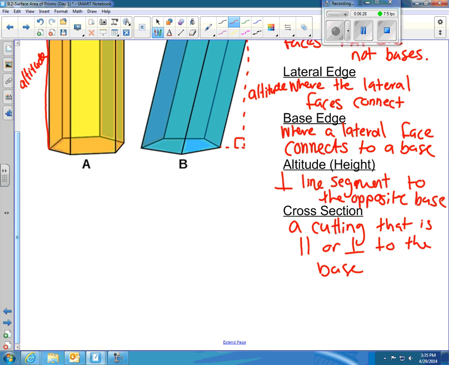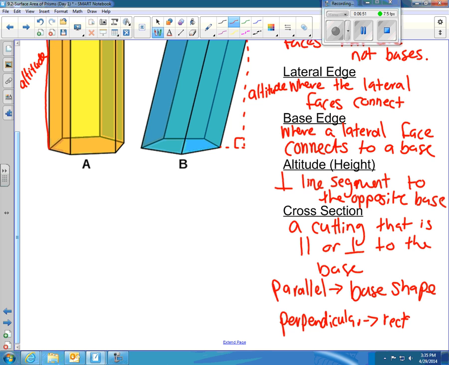If you have a parallel cross section, your cutting or your cross section is going to be the same shape as the base. So the base shape. And then if you have a perpendicular one, it's going to be a rectangle.